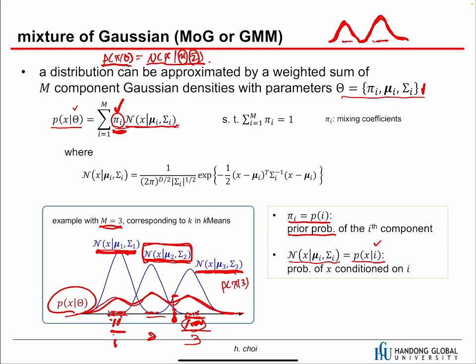In k-means, one sample is categorized into one cluster exclusively, but in this case we have soft assignment. The important thing in this slide is that the mix of Gaussian can model a more complicated distribution with multiple Gaussian distributions.